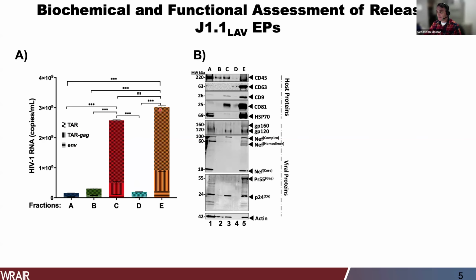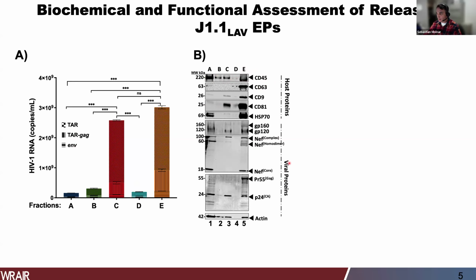Then we looked by Western blot for host and viral proteins. We looked at the cell line specific protein CD45, indicating that the EVs, or extracellular particles, come from a T cell. We observed that the small extracellular particles in fraction E were enriched in CD63, CD9, and HSP70.